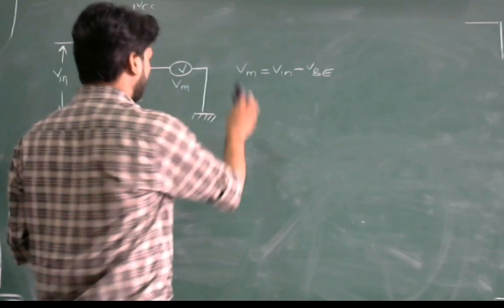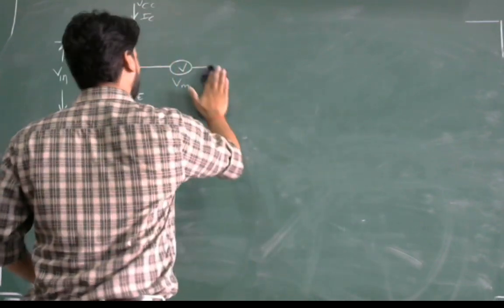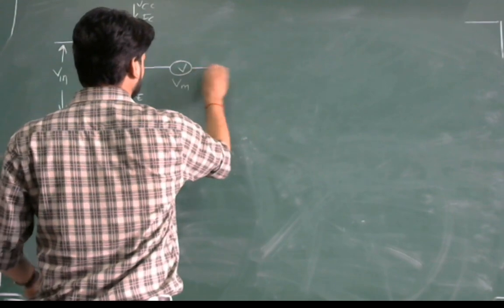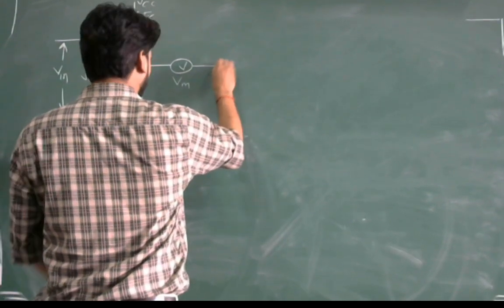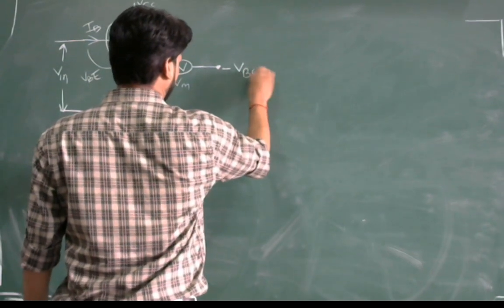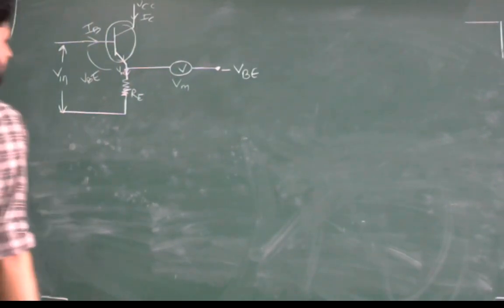If I am applying the negative voltage here, VBE, then what will be the relation between input and output?